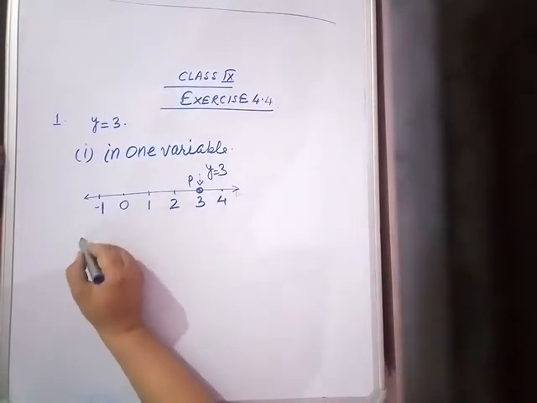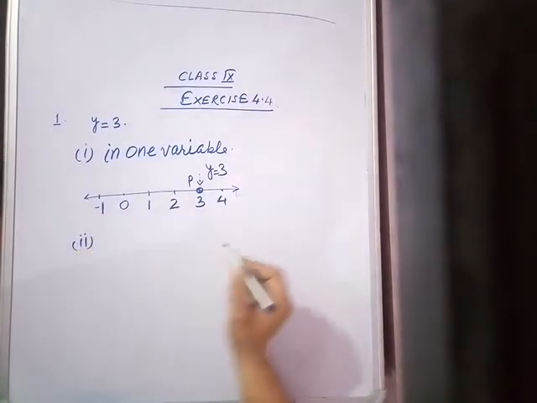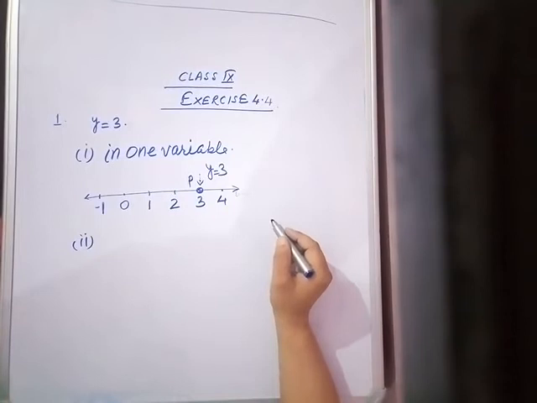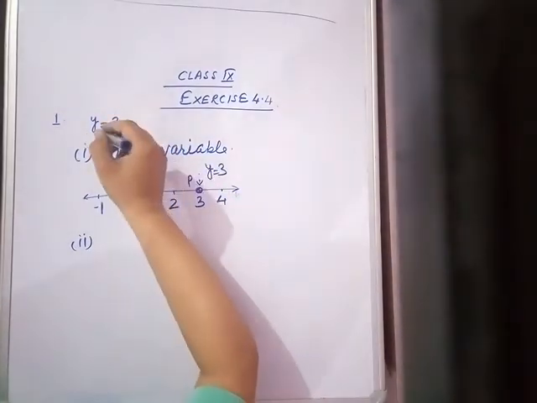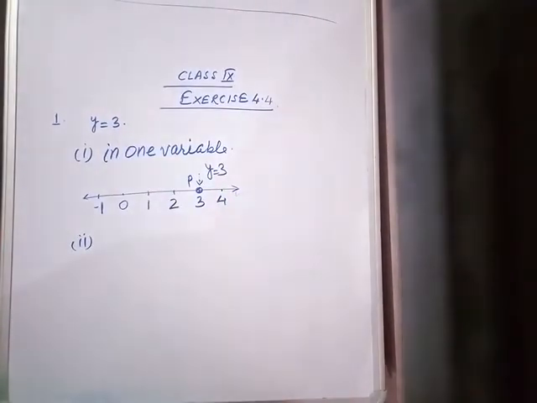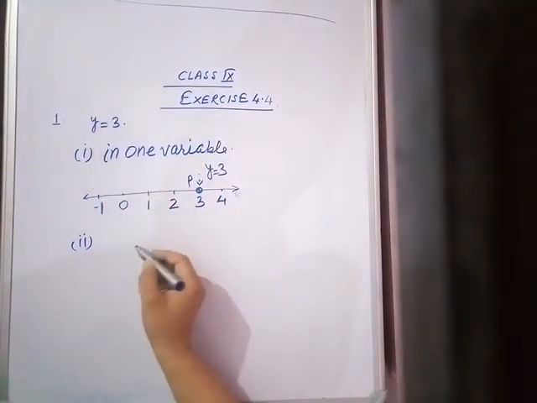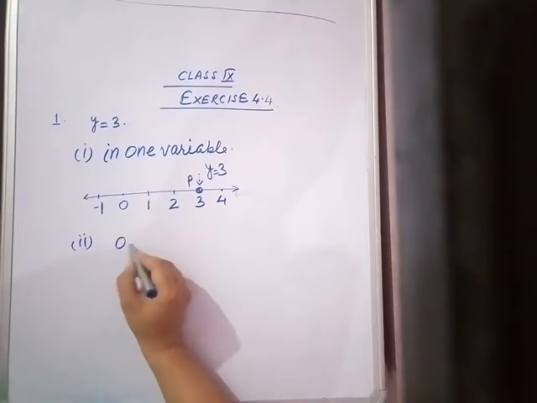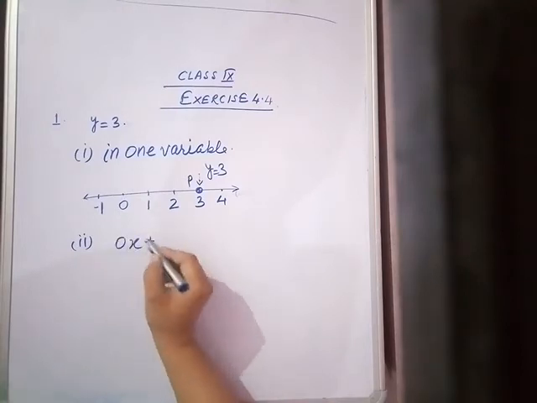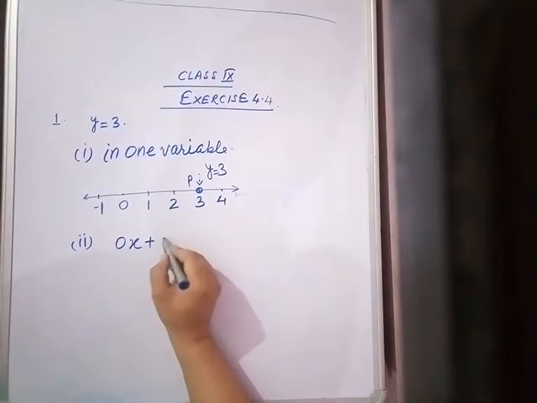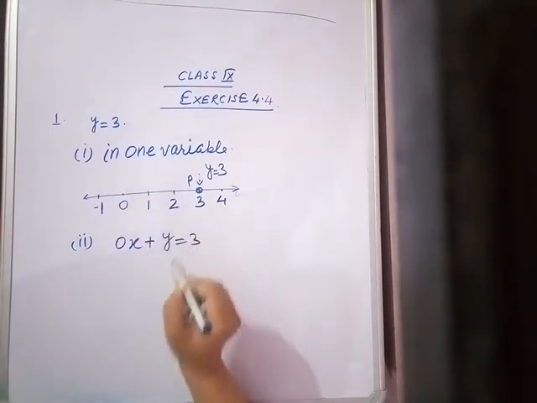Now in two variables, when this equation is treated as an equation in two variables, it can be expressed as 0x plus 1y, simply y equal to 3.